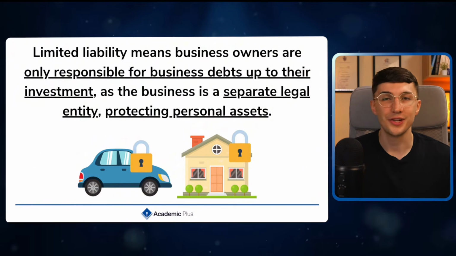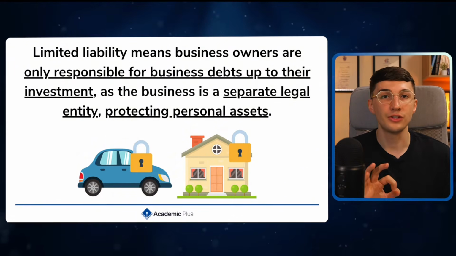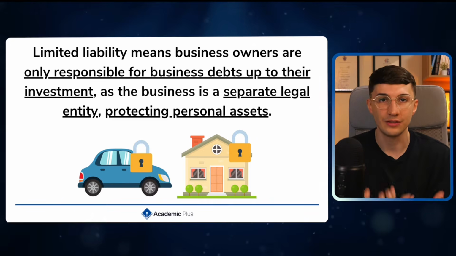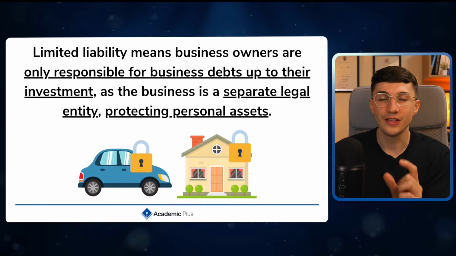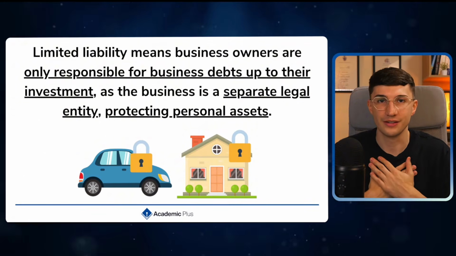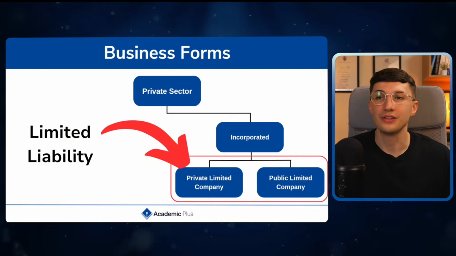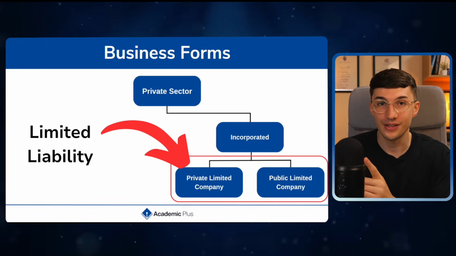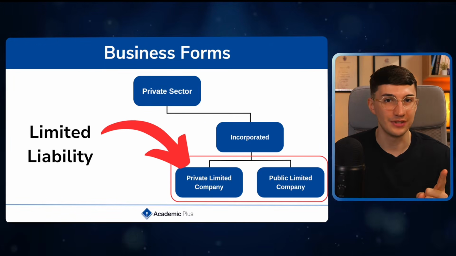So what limited liability means is that the business owners are only responsible for the money that they've invested into the business. So as they are that separate legal entity, my personal assets now are protected. And limited liability is present in incorporated businesses, which are called private limited companies and public limited companies.